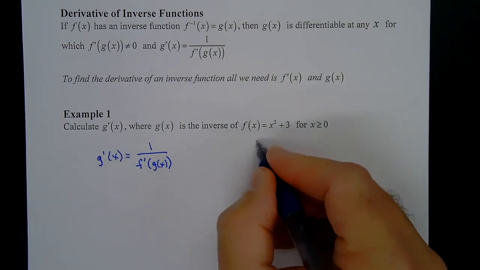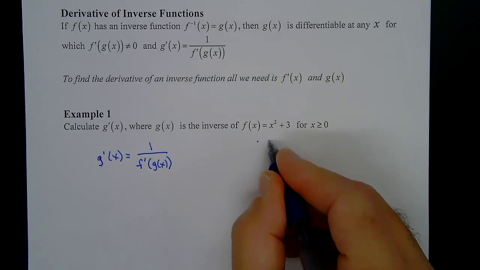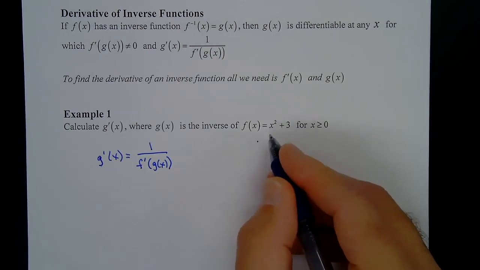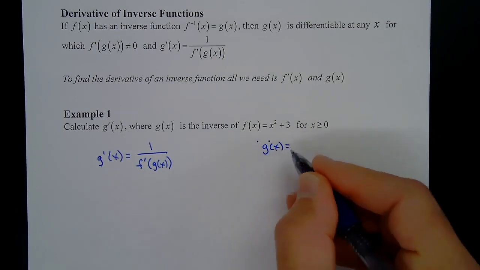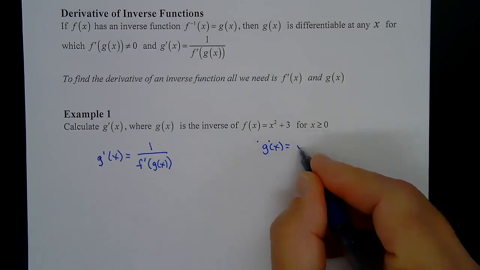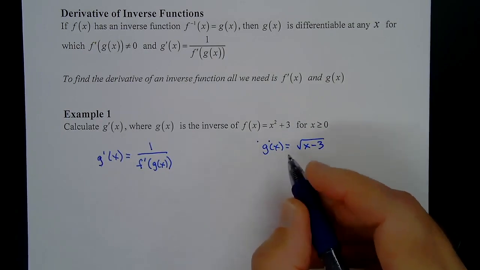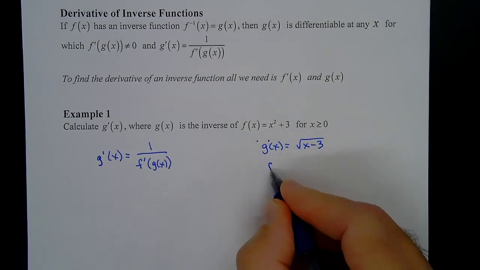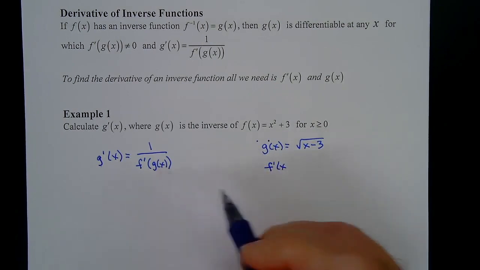Okay, so this is the same function that we started with at the very beginning of the lesson. So f of x is this, and g of x we got was equal to the square root of x minus 3. And so we're going to need g of x, and we're going to need f prime of x.